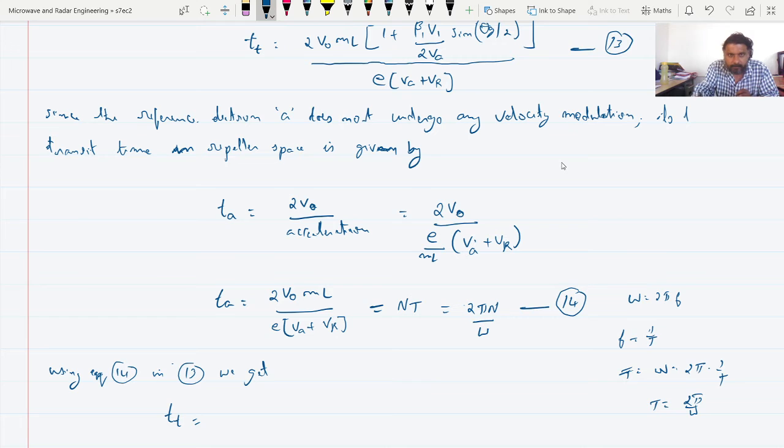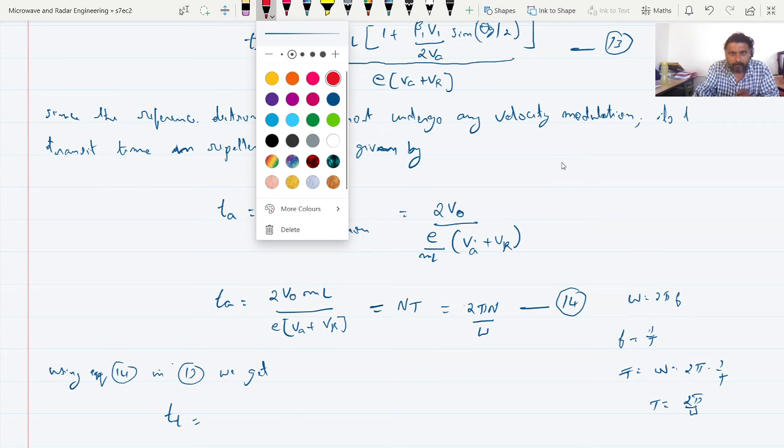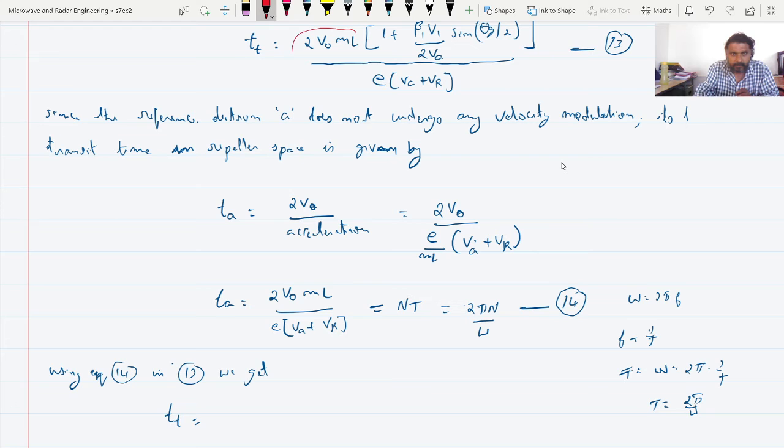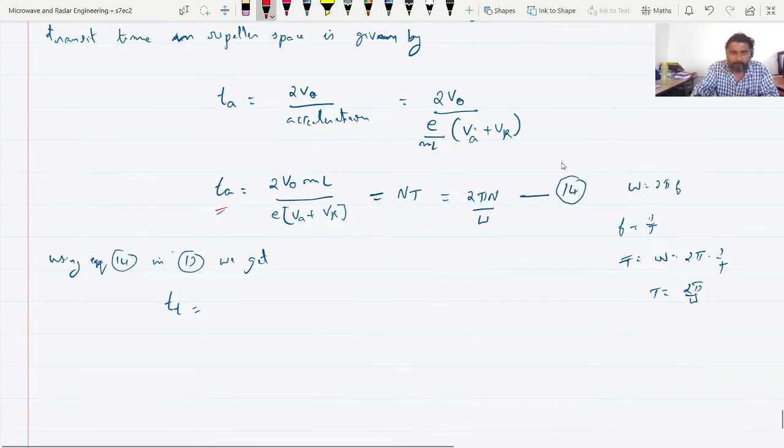So this term, I can write it as TA, 2 V naught ml by E into (VA plus VR). So I am writing that one.